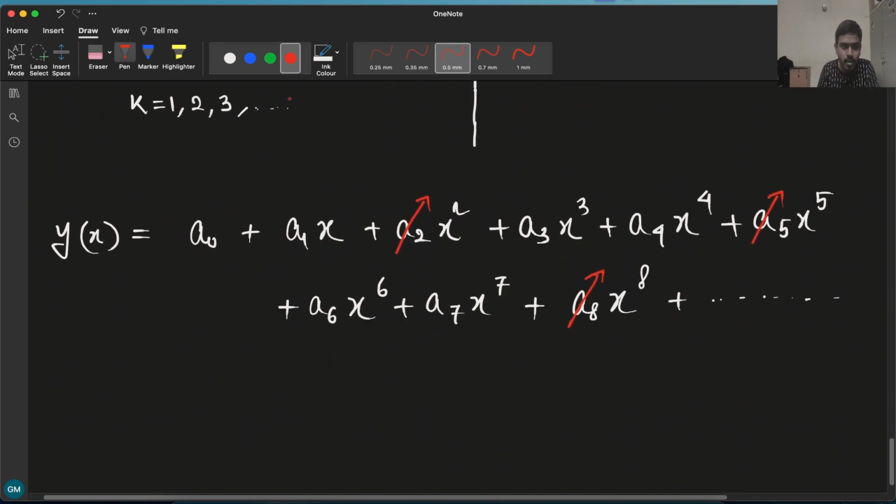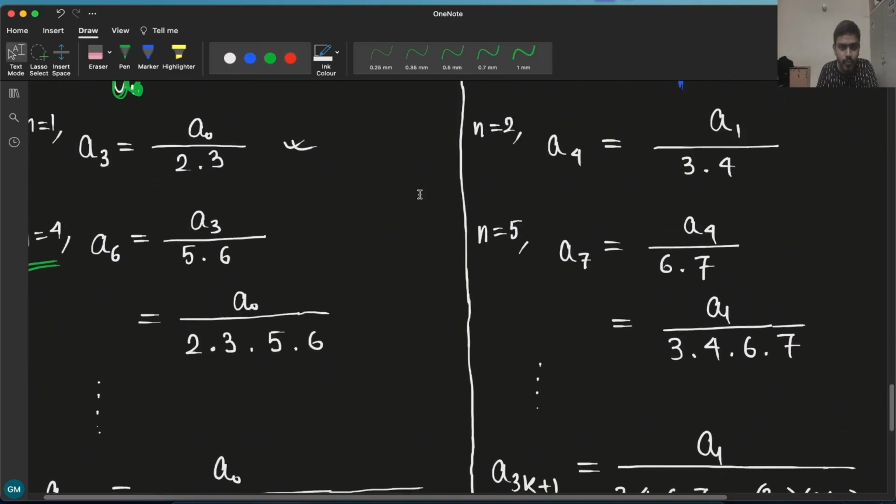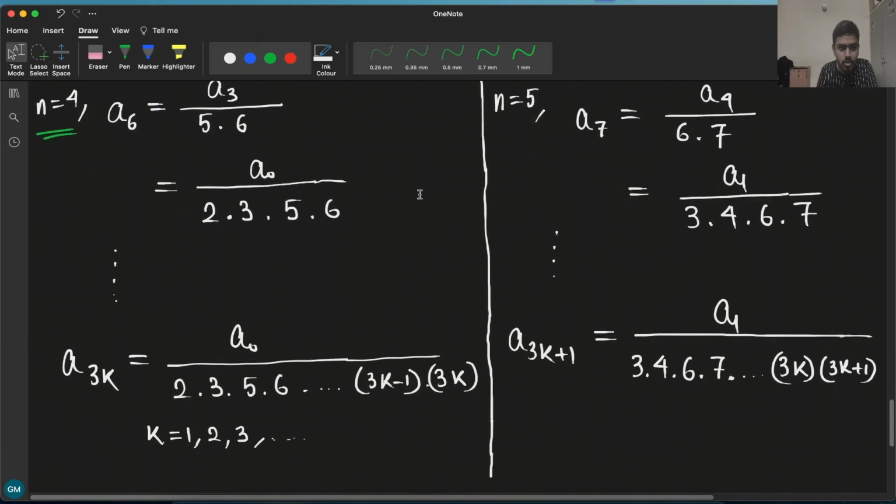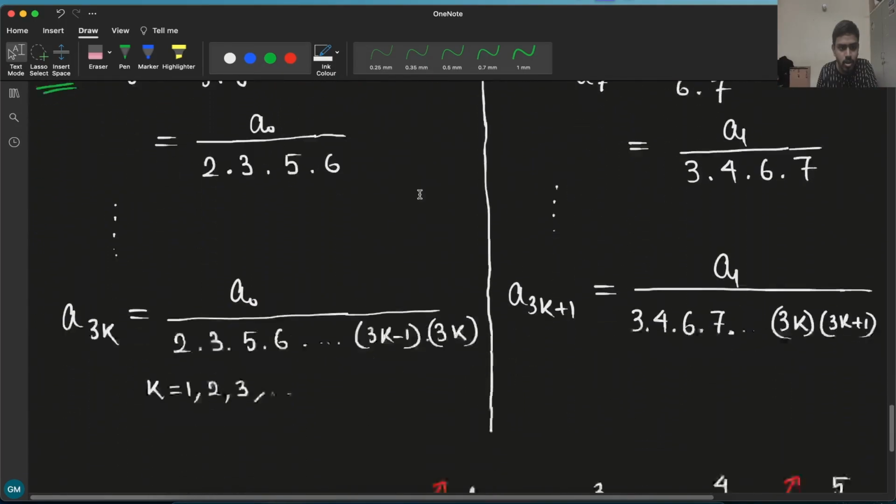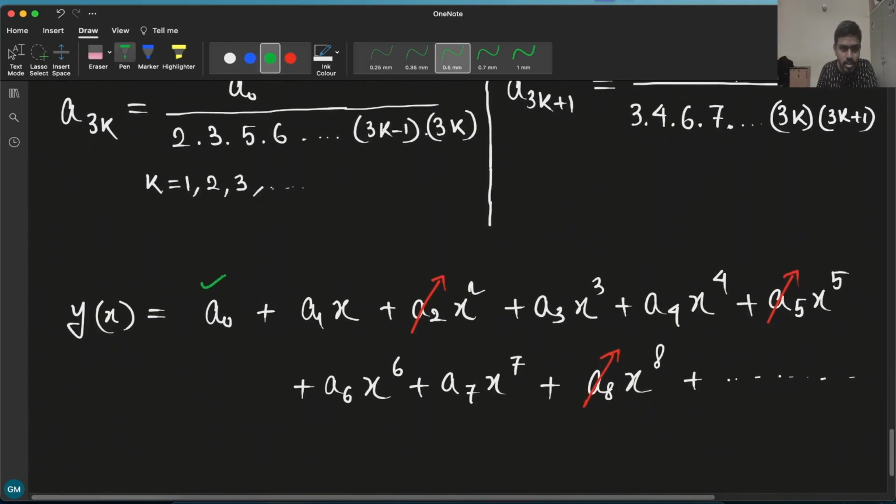And this a0, from a0 if I start, then these terms will follow. So from a0 I will get a3, I will get a6, and from a1, if I start from a1, I will get a4, I will get a7 and other terms.